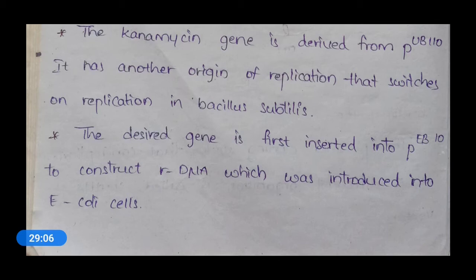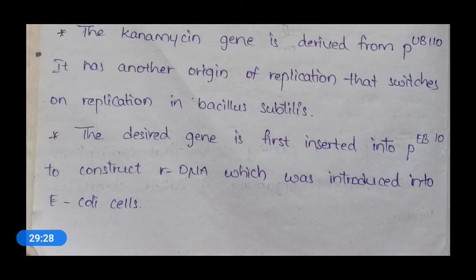Here, the origin of replication meant for Bacillus subtilis will work only in Bacillus subtilis, and the origin of replication meant for E. coli will only work in Escherichia coli. So this is how pEB10 will work.